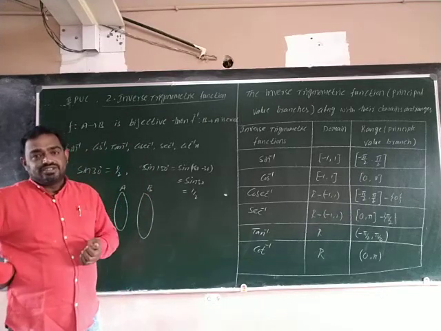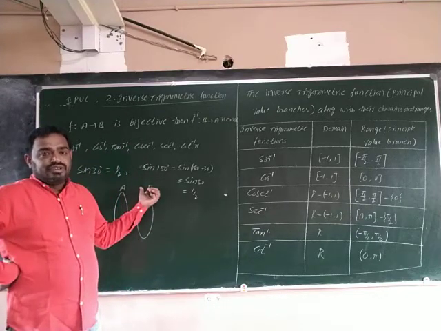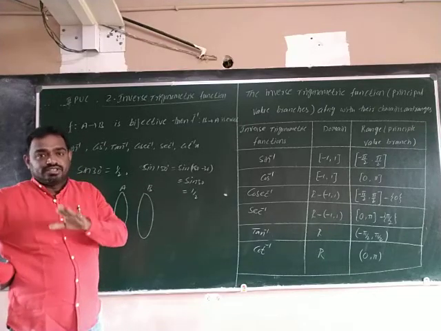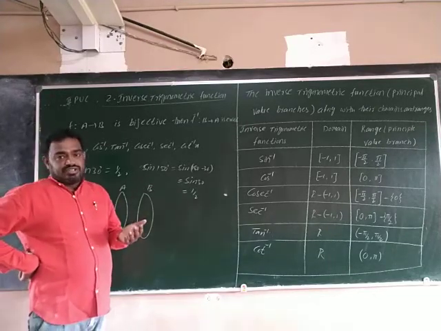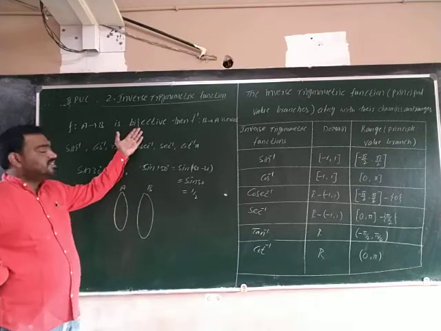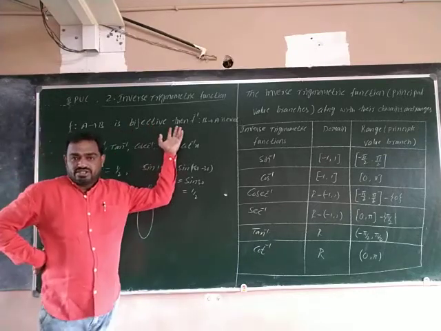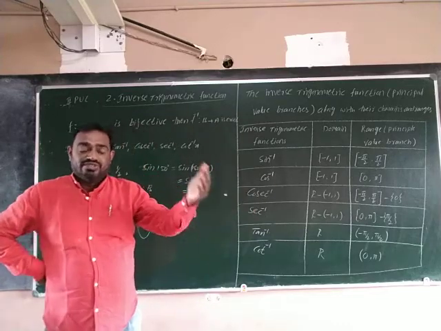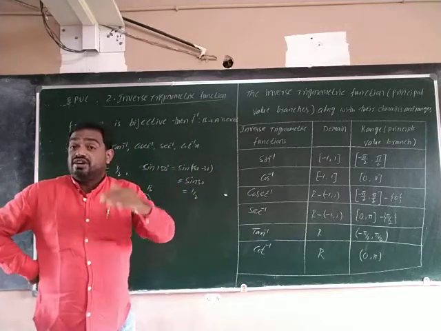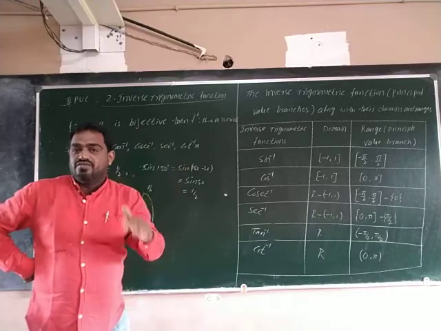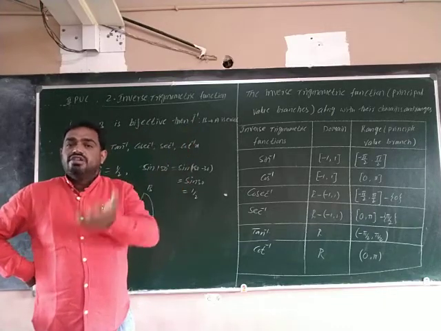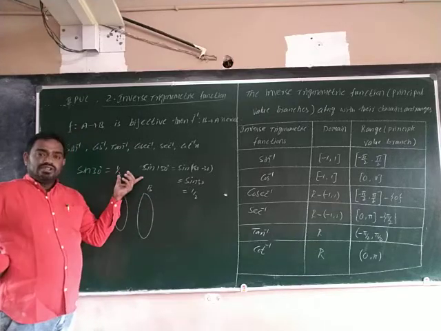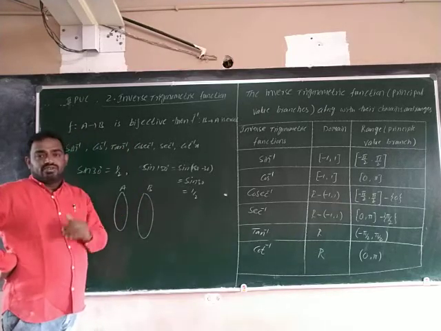So it is not one-one, injective and one-one being the same. What is the definition of a bijective function? A function that is injective and surjective, that is one-one and onto. Then only it is bijective. First of all, this is not one-one, so it is not a bijective function.